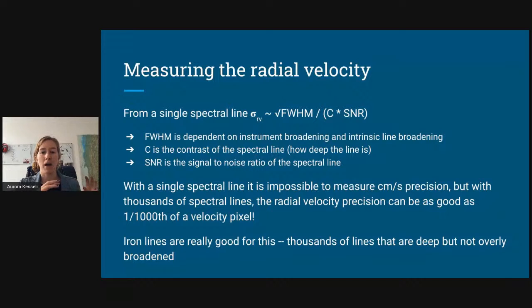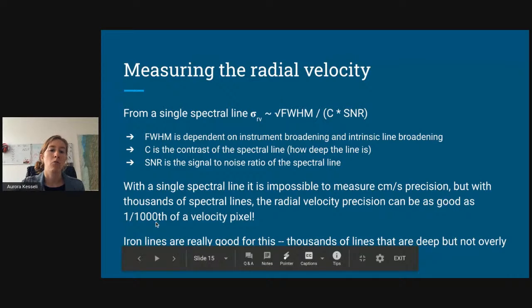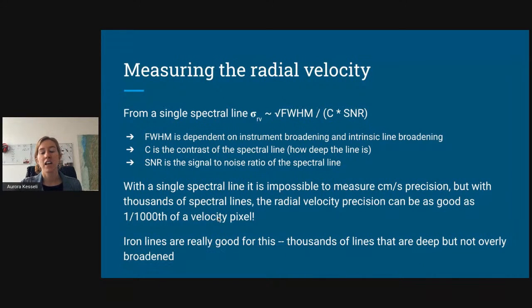But if I combine the measurements of thousands of lines together, we can start to reach a precision of about 1/1000th of a velocity pixel. And this is the precision that we want to get to in order to measure an Earth-like planet around a sun-like star. To measure these radial velocity precisions, some lines are better than others.